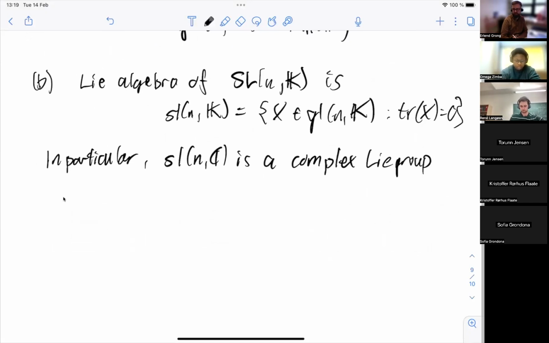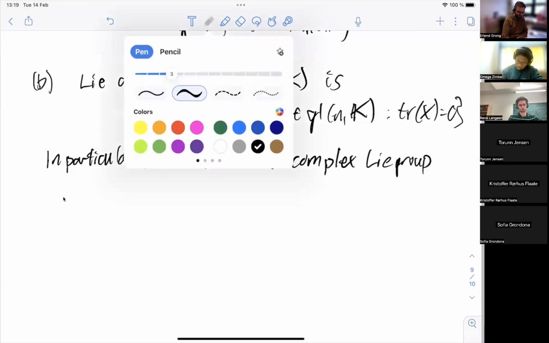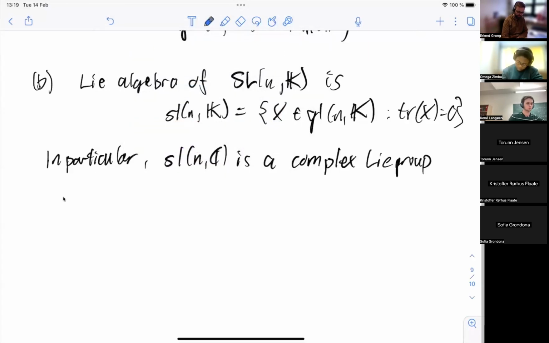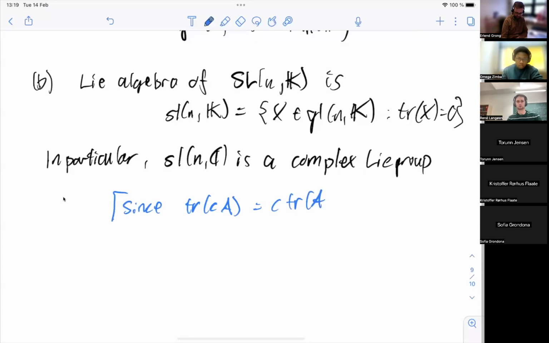So if you have a matrix with trace 0, then multiplying by i still gives you trace 0. So that doesn't change anything of the trace. Let's write that out, since the trace, unlike the determinant, is linear.